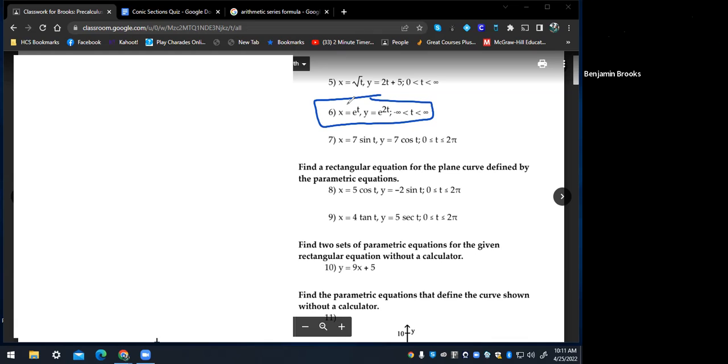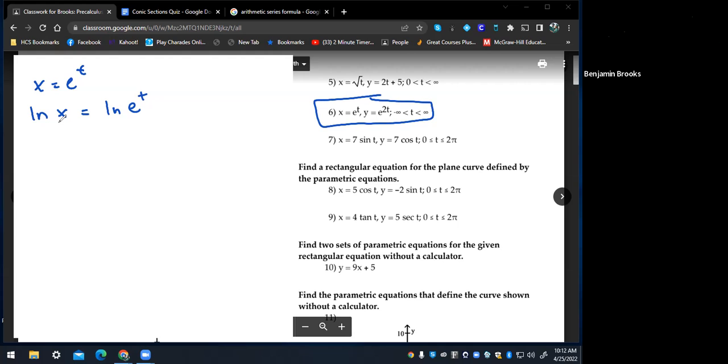Solve for t and plug in. Which one is probably going to be easier to solve? x. We got x is equal to e to the t. How can we deal with this? Does anybody remember? Natural log. Thank you very much. You end up with ln of x is equal to ln of e to the t.